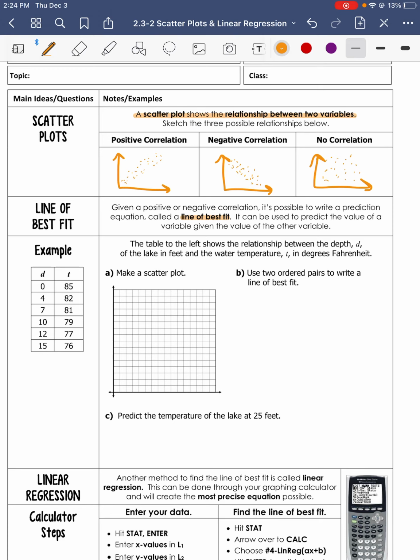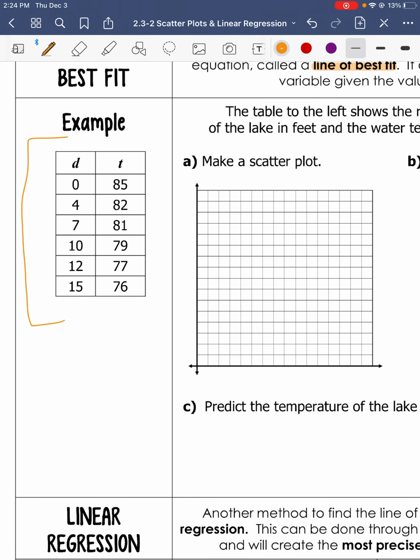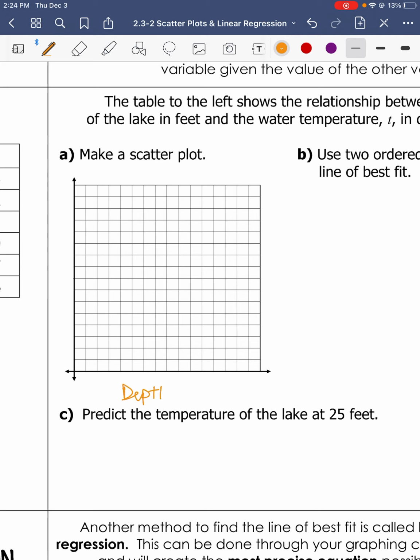Okay, so we have a table over here to the left. The table shows a relationship between the depth d of the lake. So it looks like d is over here, which is generally our independent variable. So I'm just going to go ahead and label the graph now. D is depth of a lake in feet, it's important to note the units there, and the water temperature T in degrees Fahrenheit.